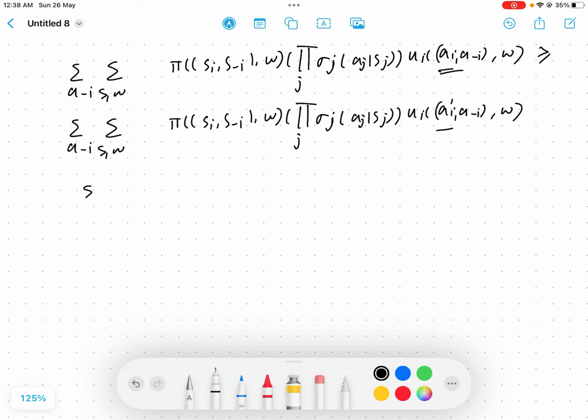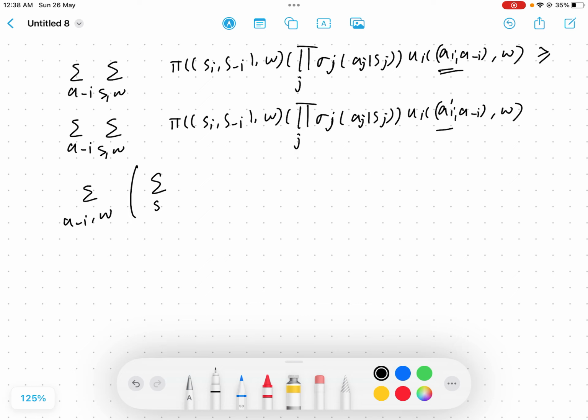From this inequality, this becomes the summation over a_minus_i, omega. Then if we write the bracket here and put the summation of s inside of this bracket, then the summation of s times pi times the product of all the sigmas together becomes the V. That's the trick of this construction, and that's pretty fun, pretty interesting.